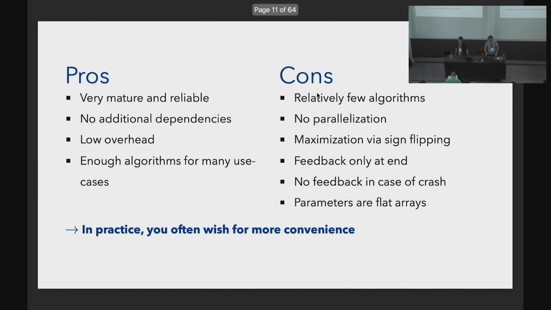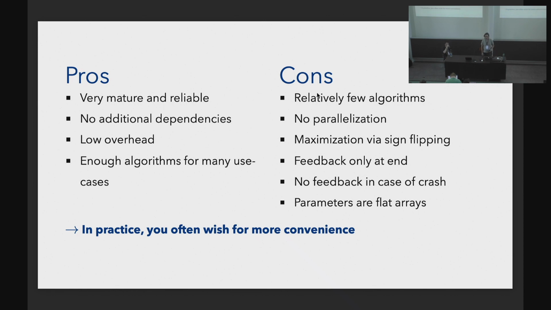Okay, then we continue. So let's first discuss the pros and cons of scipy.optimize. So pros. One obvious pro is that it's a very mature and reliable library, and actually all the algorithms in there are battle tested and quite bug-free.